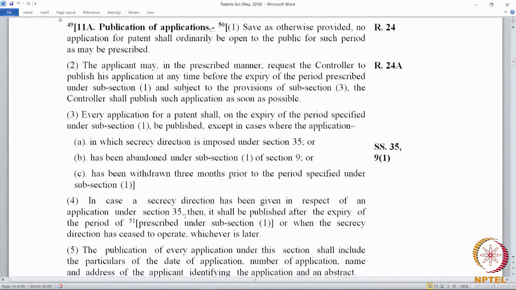So, if within the first 18-month period the secrecy direction ceases to operate, then the application will be published at the end of the 18-month period. If the secrecy direction continues beyond the 18-month period, then the application will only be published when the secrecy direction ceases. Now, this is just to protect the application from getting into the public domain.